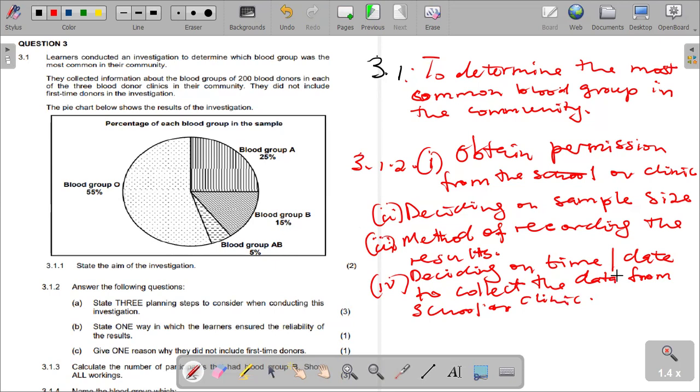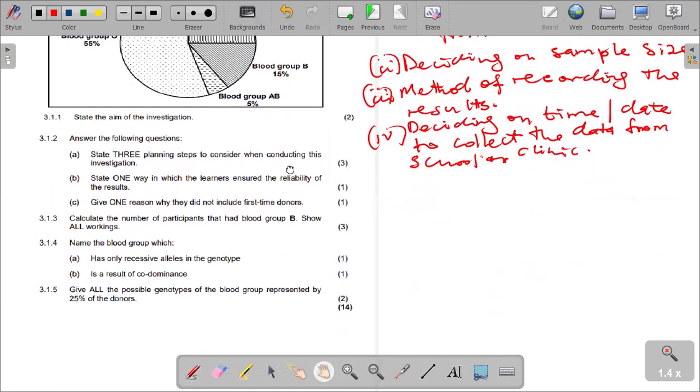Last but not least, we can also talk about decisions to be made on the environmental conditions, which we can also give to say the learners might need to take decisions on environmental conditions. They should also decide on the environmental conditions that they are going to use or that are going to be affecting their investigation.